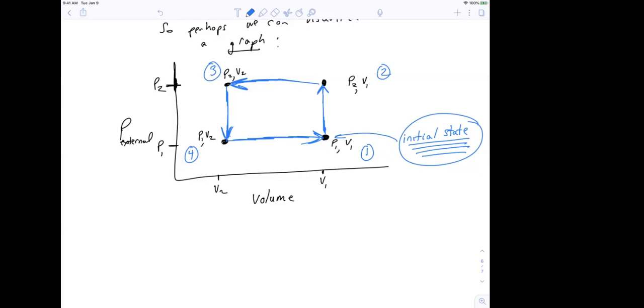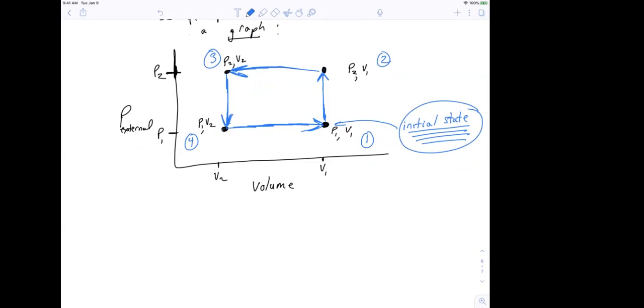Okay? So let's first consider some values of the work associated with this process. Let's consider the work involved for this stage, to go from 1 to 2.